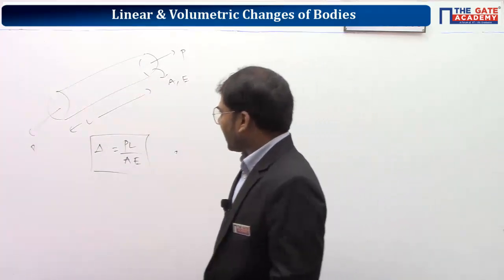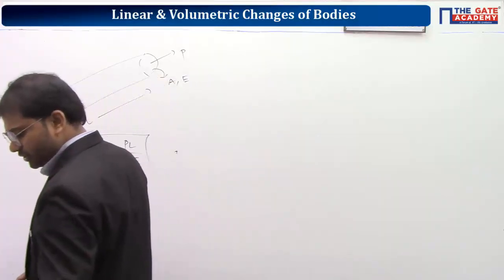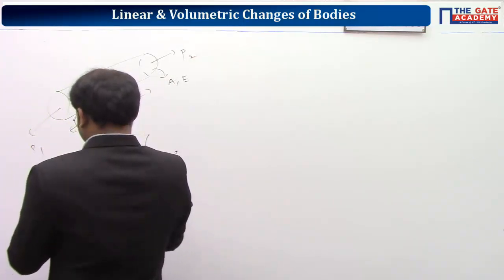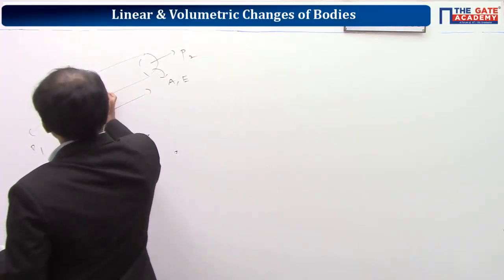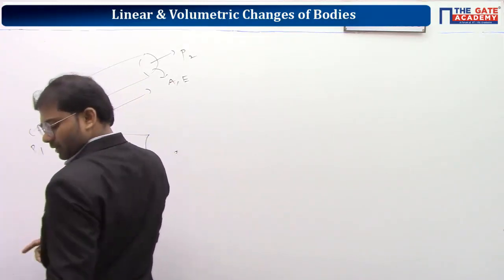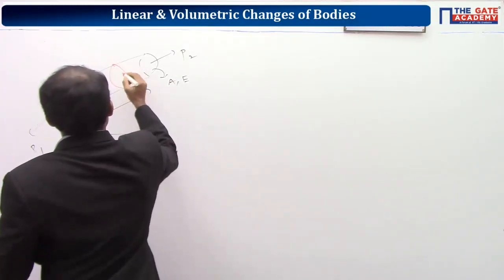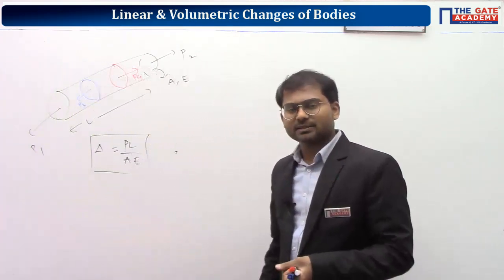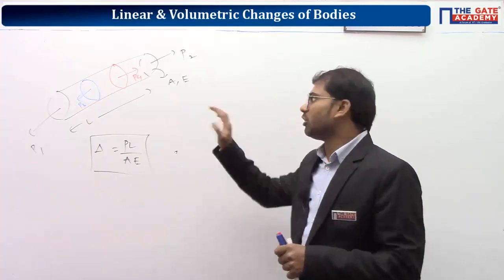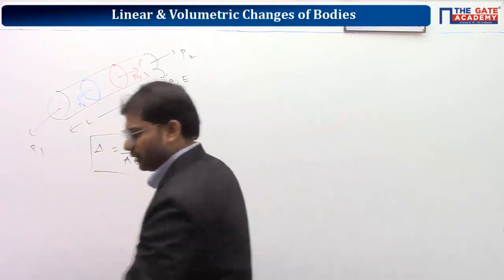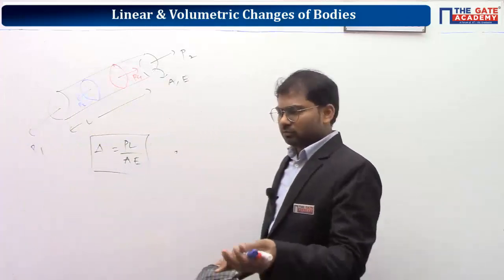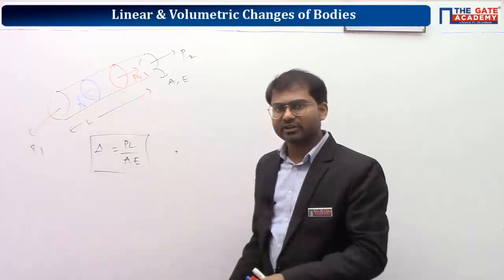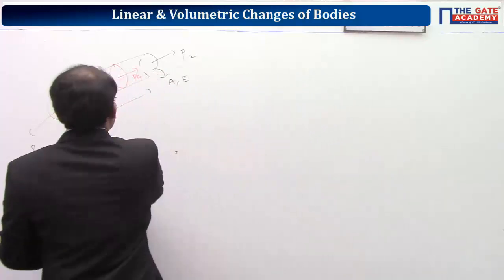Okay. But if you have a scenario where at intermediate locations there are multiple forces, let's take this is P1, P2. Here let's assume there is P3. In another location there is P4. So when you have multiple forces like this, then we should be solving in a little bit different way. Okay? So I'm just going with this one here, though the diagram shown on the screen is different, because ultimately the concept is very important.